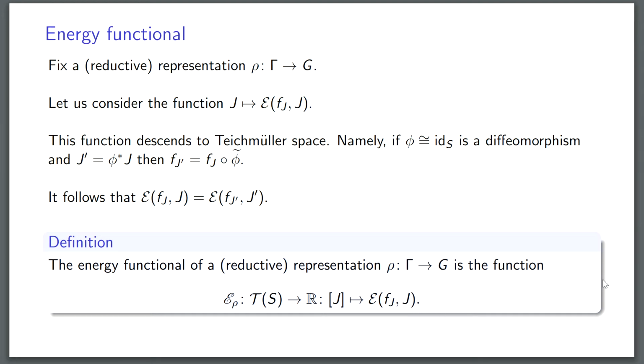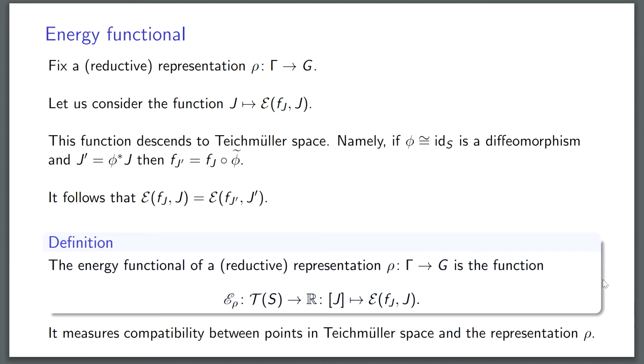And this energy functional should be thought of as a measure of compatibility between the representation and points in Teichmüller space, meaning that a point in Teichmüller space is very compatible with the representation if the energy functional at that point happens to be low, meaning that this point in Teichmüller space, the Riemann surface that it determines, can be mapped equivariantly into the symmetric space with little stretching, with a low energy.